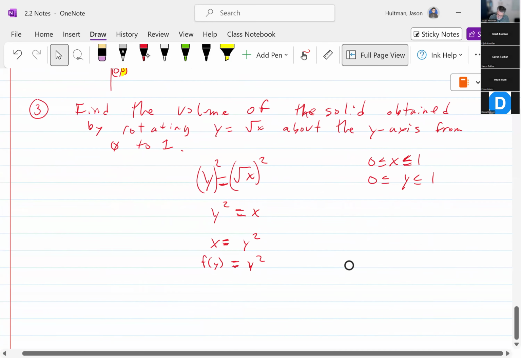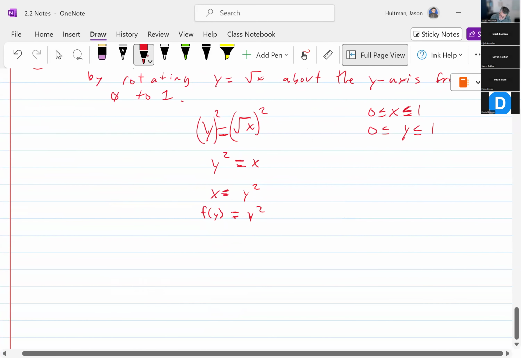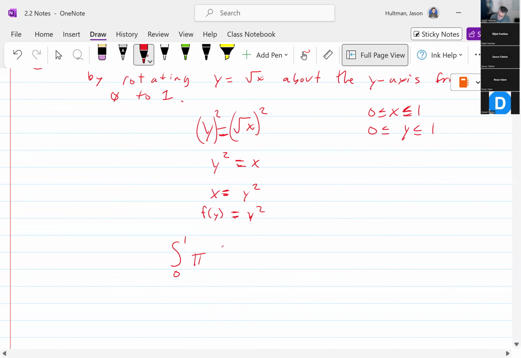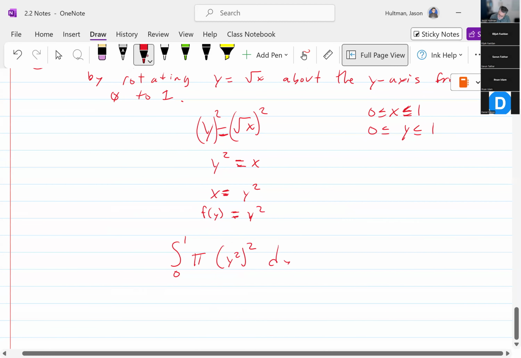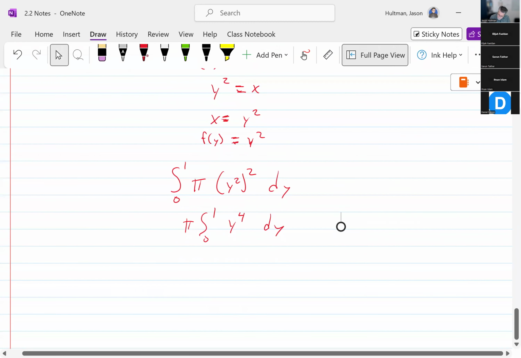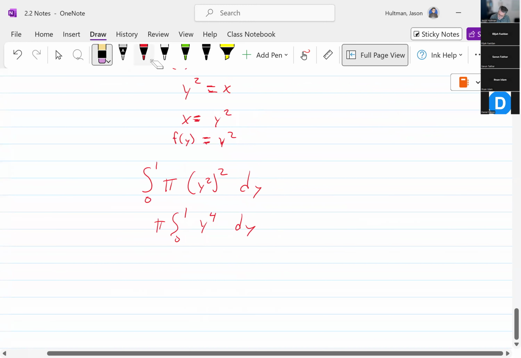Okay, so let's put all the pieces together and integrate. We're going to take the integral from 0 to 1 of pi of f of y squared. Well, f of y is y squared, so this is going to be y squared squared dy, which is the integral from 0 to 1 of pi, I can bring the pi out, y to the 4th dy, which is then pi times y to the 5th over 5, evaluated from 0 to 1.